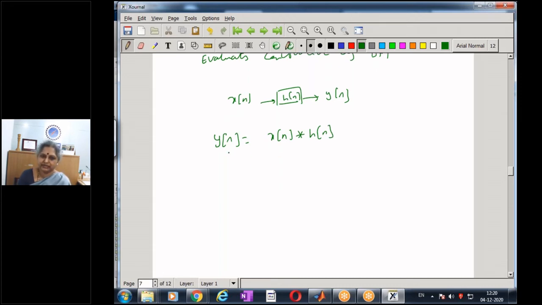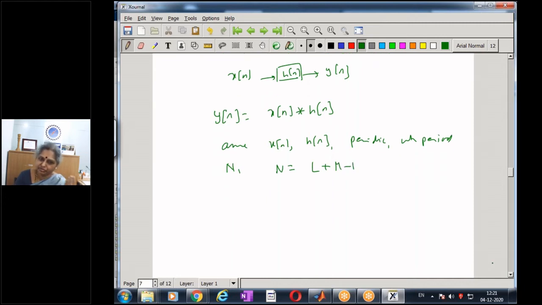Let us assume x[n] and h[n] are periodic with period N, where N is given by the length of x plus length of h minus 1. If both are periodic with the same period N, absolutely no problem.